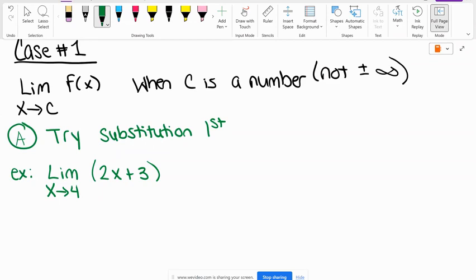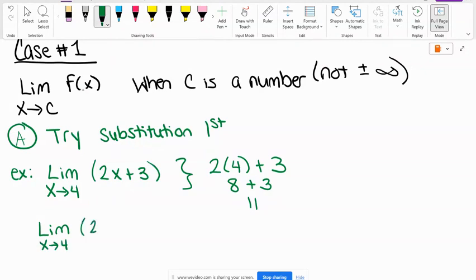So substitute 4 into that. So now we'll do 2 times 4 plus 3. 2 times 4 is 8 plus 3 is 11. So the limit as x approaches 4 of 2x plus 3 is going to be 11.